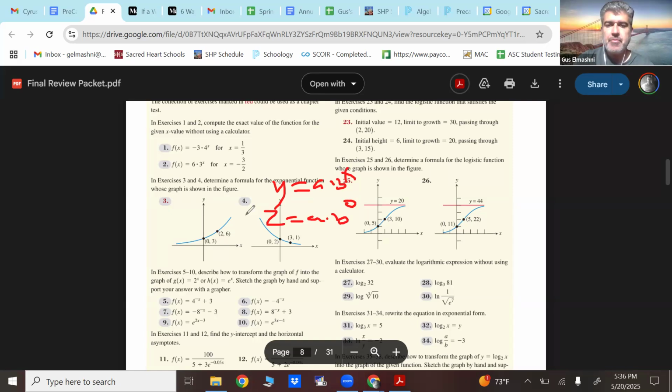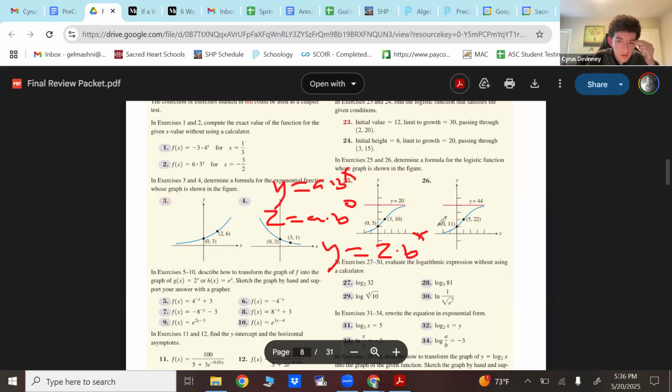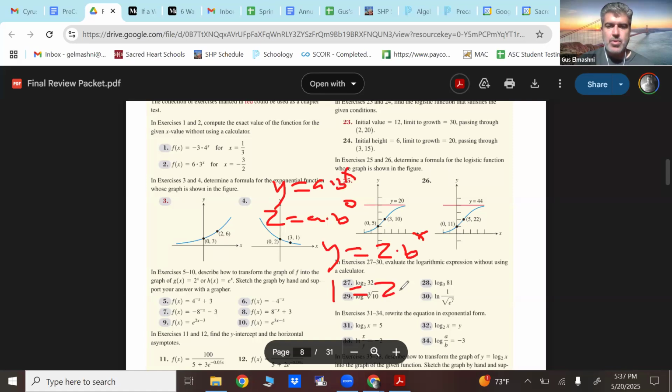I see. So now y equals 2 times b to the x power. Now plug in 3 for x and 1 for y. So that's 1 equals 2 times b cubed.